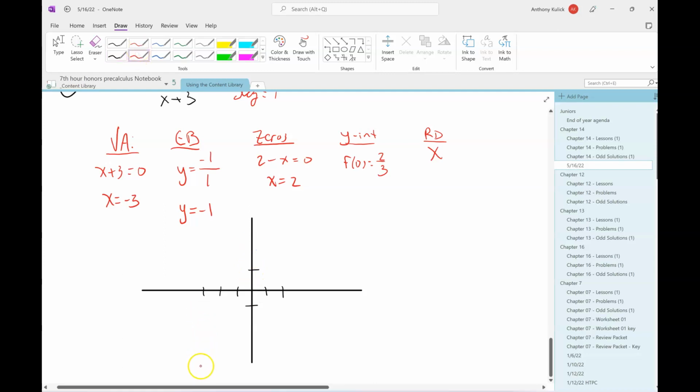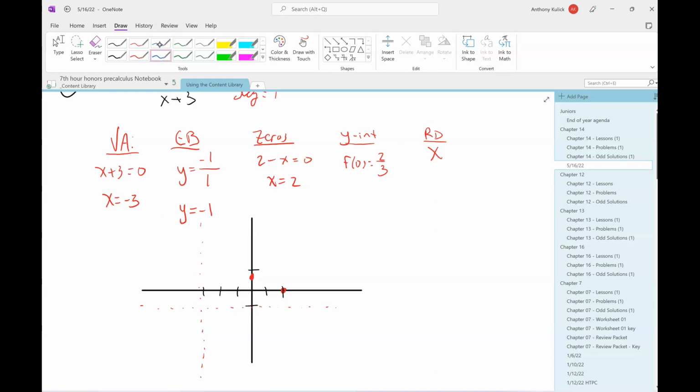So drawing my asymptote, my end behavior, my x-intercept, and then my y-intercept. And if I look at, yes, Luke?